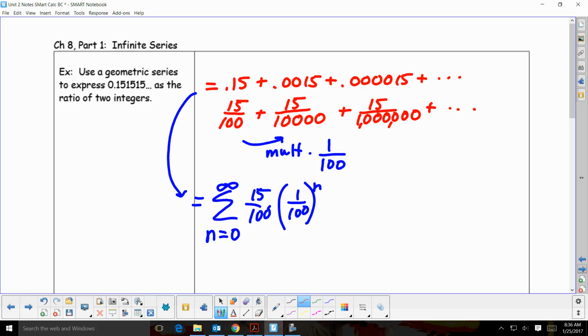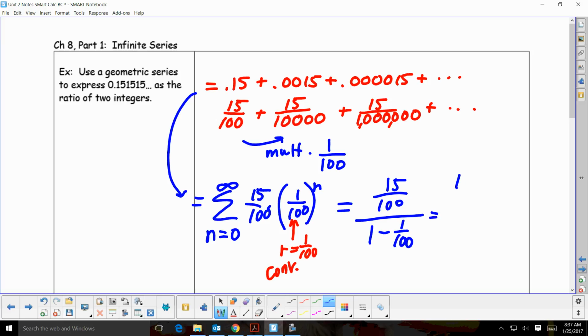Does it converge? Okay, so I know it's convergent by the geometric. So I can apply my formula. It converges to A over 1 minus R. Let me simplify a little bit.